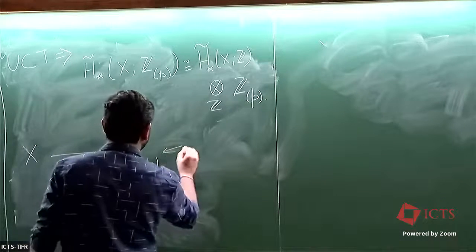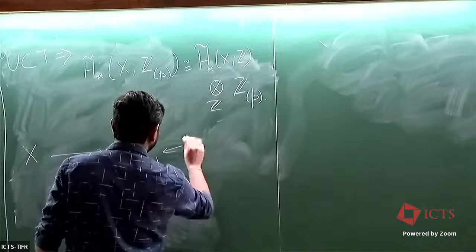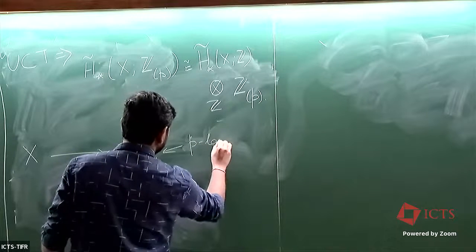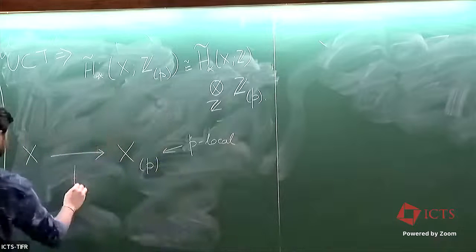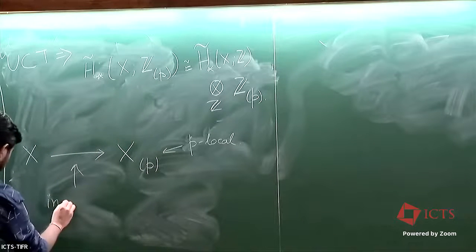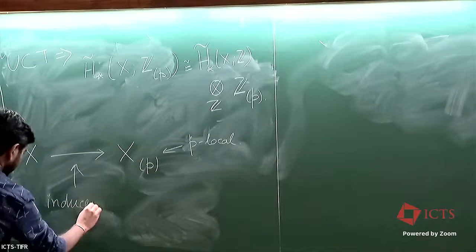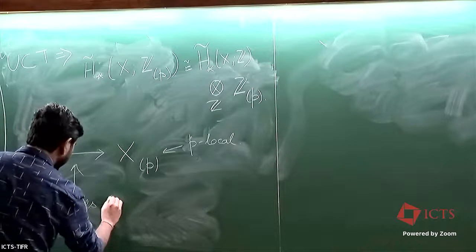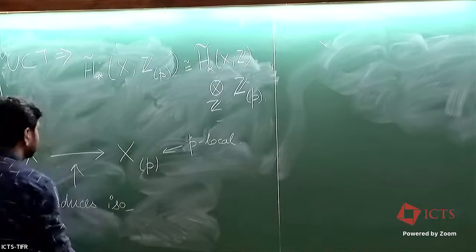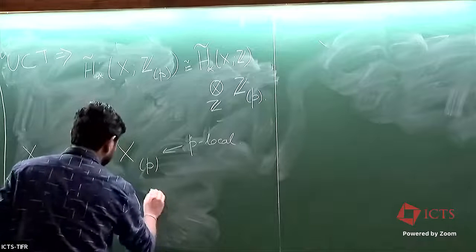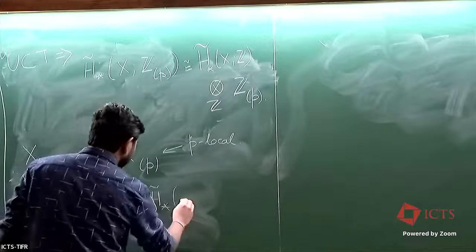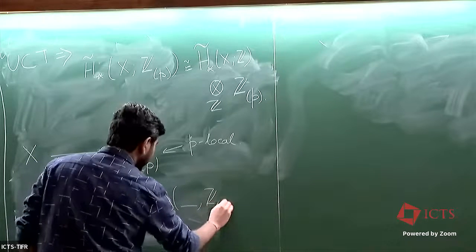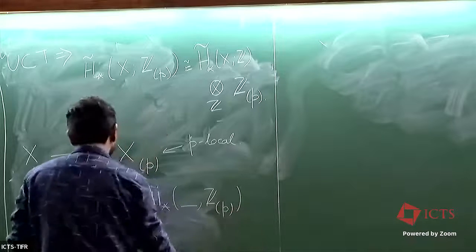So in fact, in our construction, I mean, we didn't construct it, but assuming this functor, not only is this space P local, this map actually induces an isomorphism in Z localized at P coefficients.